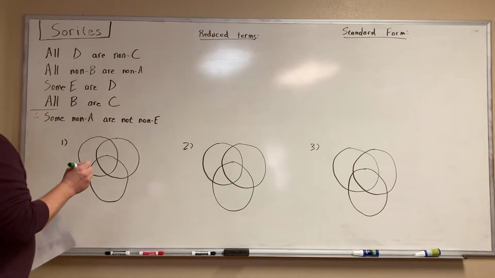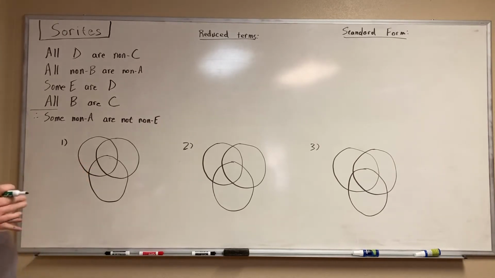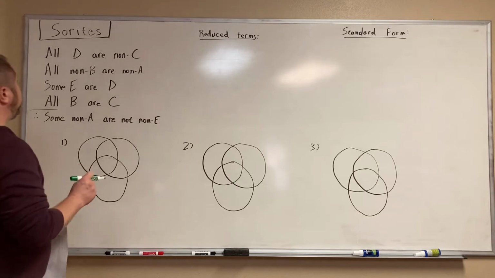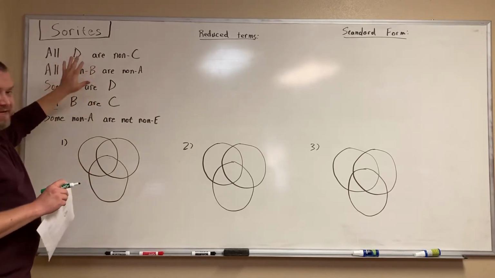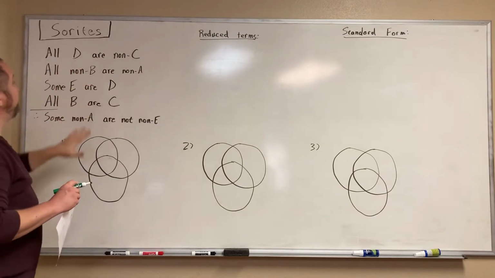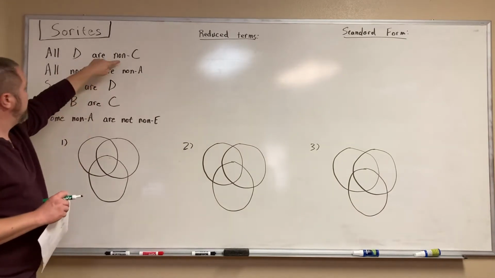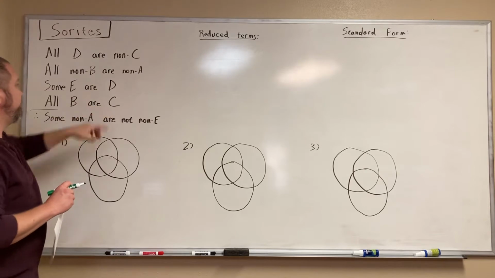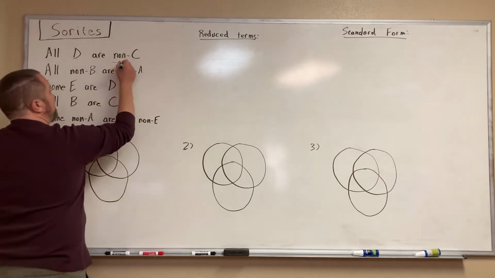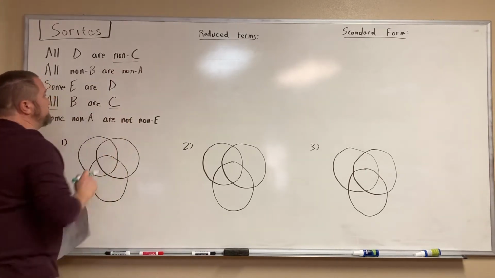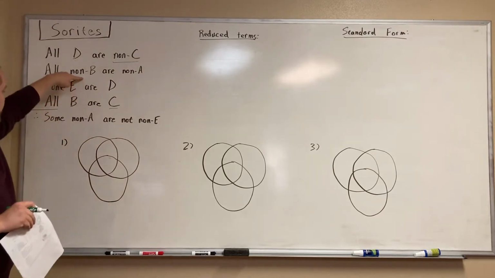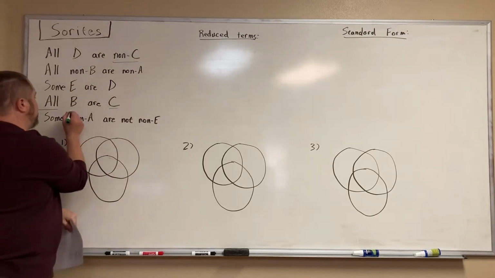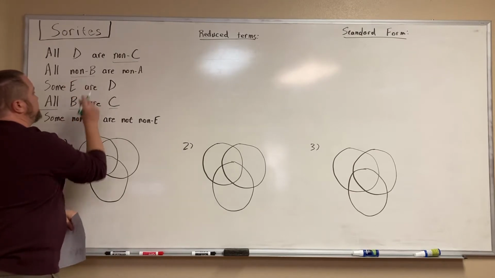So first up, let's identify which terms we need to reduce. So D, we've got D. So those two are the same, so we're going to try to keep them the same if we can. So we've got non-C and we've got C. So I'm just going to underline that for now so that it highlights. And then non-B, we've got B. So those ones we're going to have to reduce.